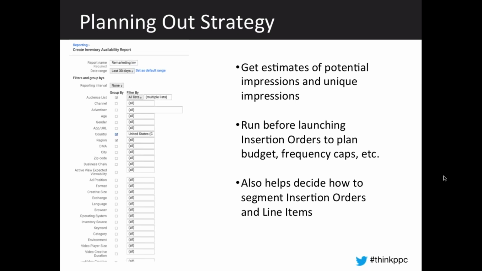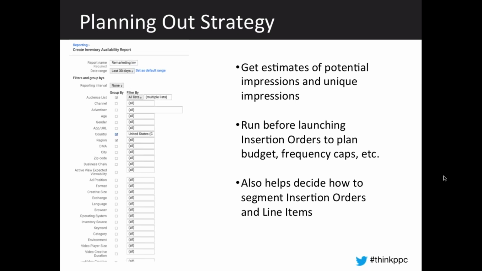So here, this one is for a remarketing list. So we named it Remarketing Inventory Report, just pulling from the last 30 days. We broke it down by the specific audience list that we want to remarket to. And we're only interested in targeting the United States, so grouped and filtered United States and country.